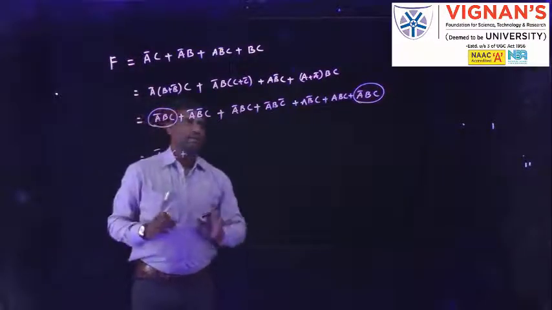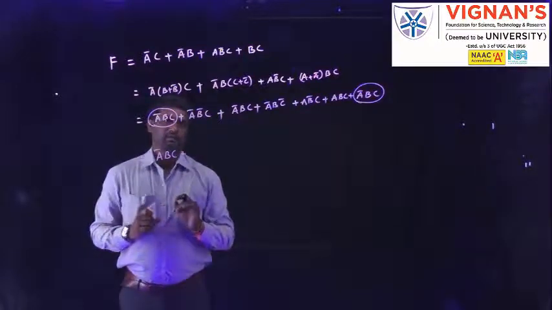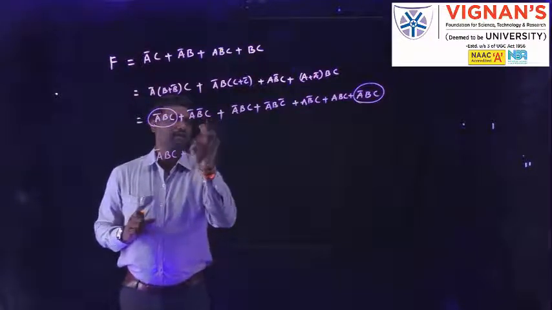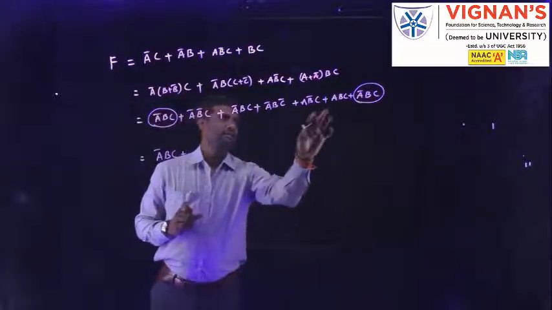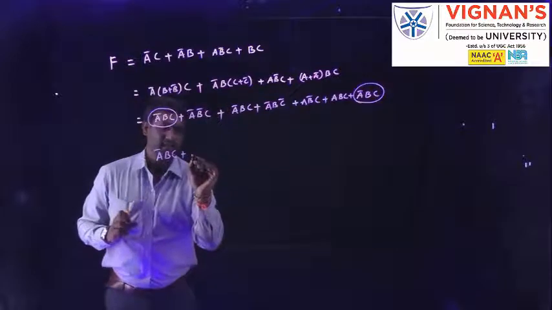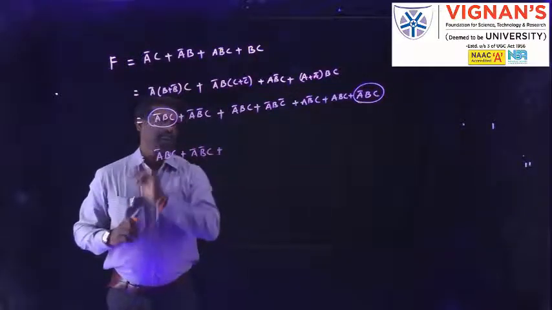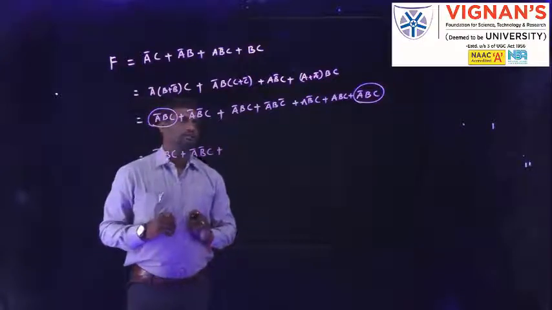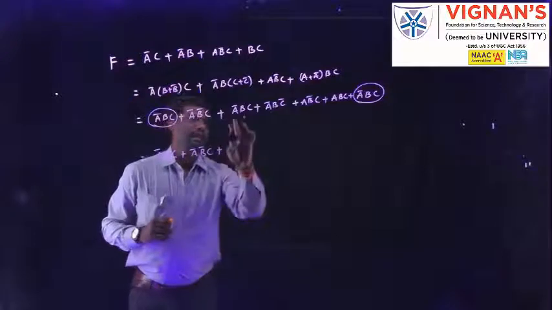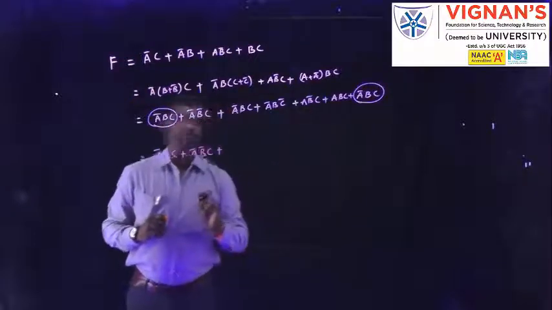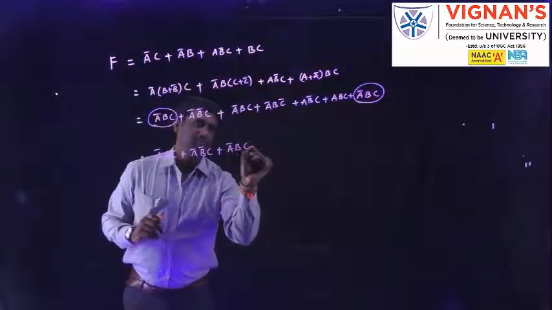Likewise, we need to observe whether any other terms are repeated. For a bar b bar c, is there any a bar b bar c in this expression? No. That's why I can directly consider a bar b bar c. Now check with a bar bc. Is there any a bar bc in this? No. That's why I am directly taking a bar bc.